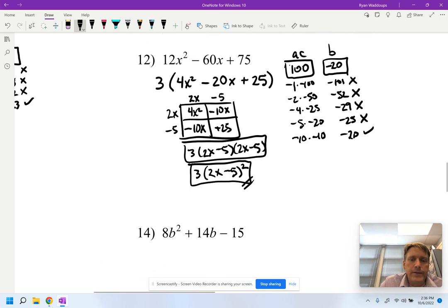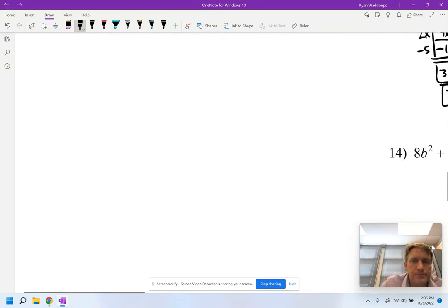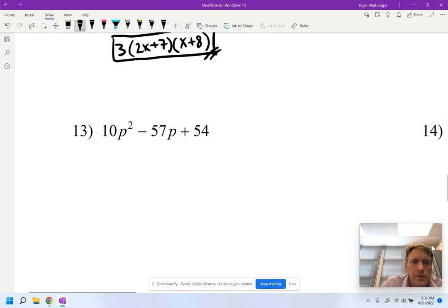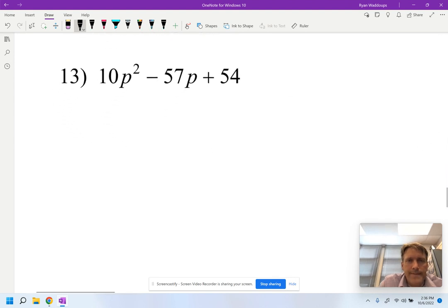All right, number 13. 10 has two factors other than 10 and 1: 5 and 2. None of those are factors of, or divisible by, 5 or 2 or 10.